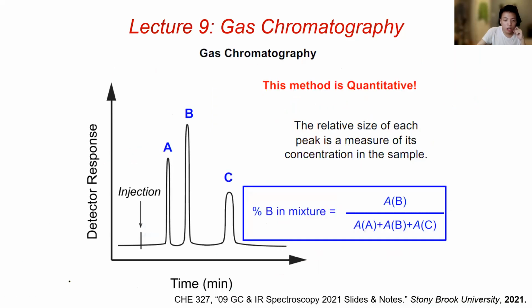And once we got our chart out, he might ask you to calculate the concentration of B, and he will give all the areas, and you just have to follow this formula and plug in the percentage. And then you can get the area of the peak out.